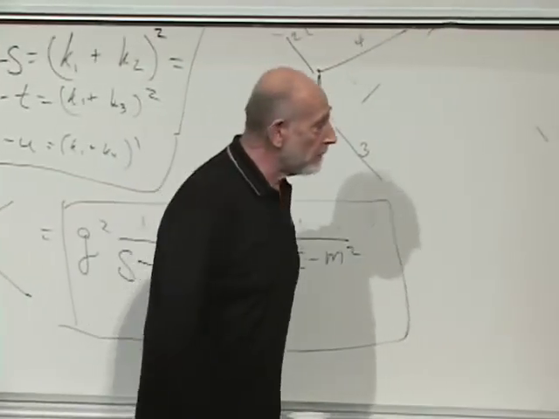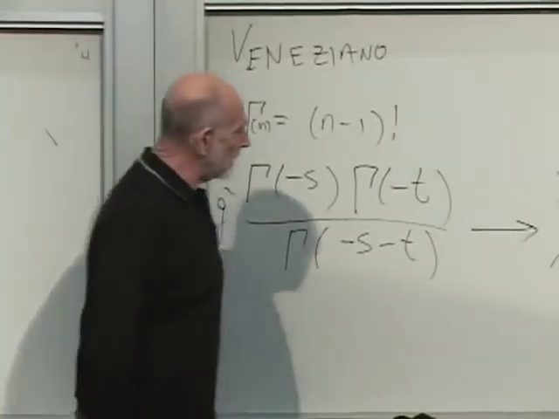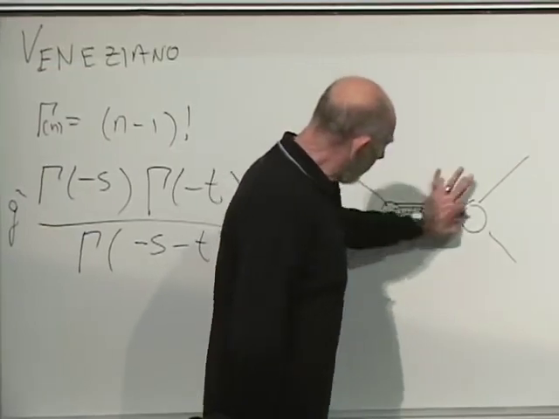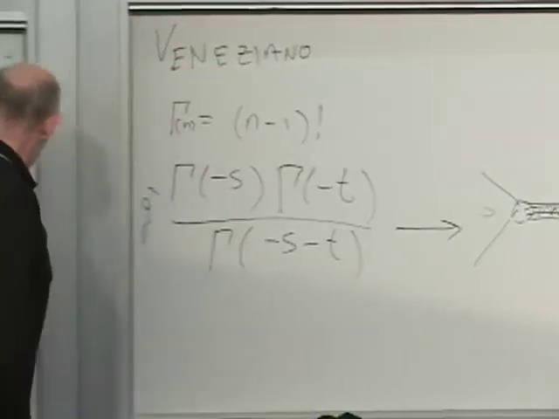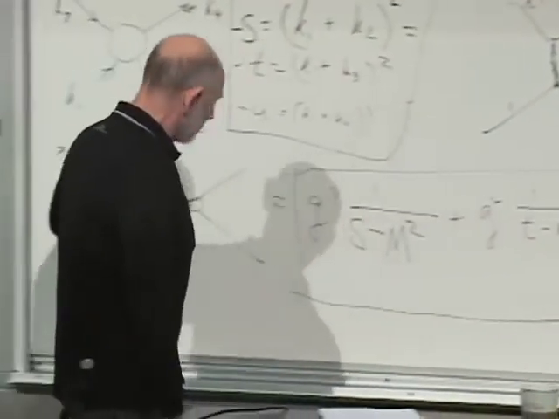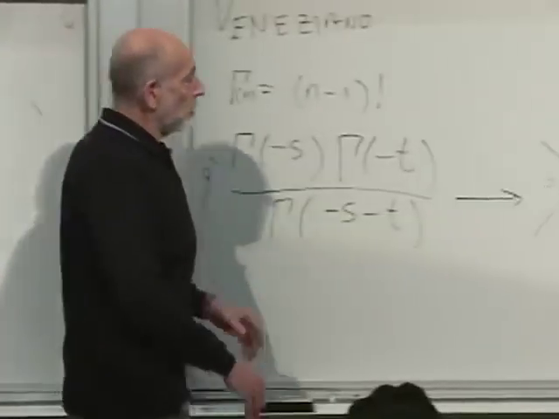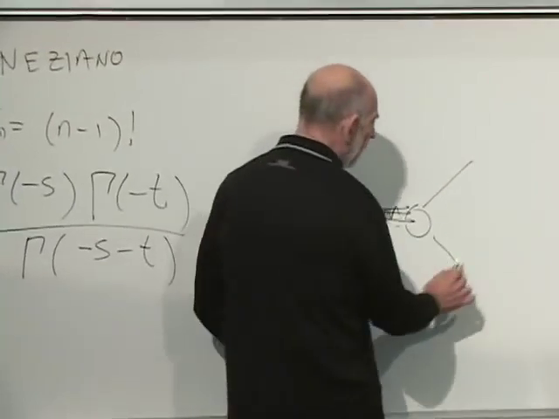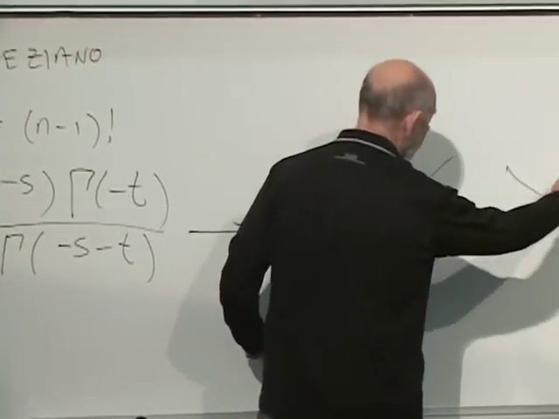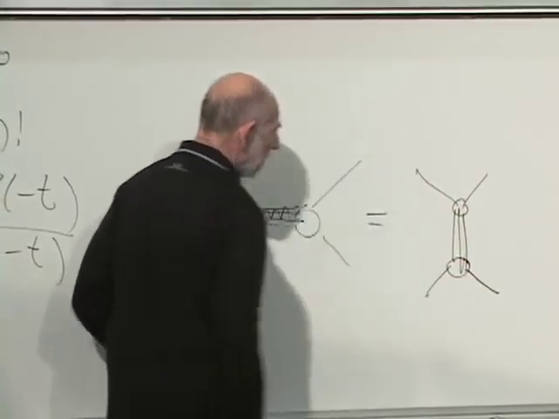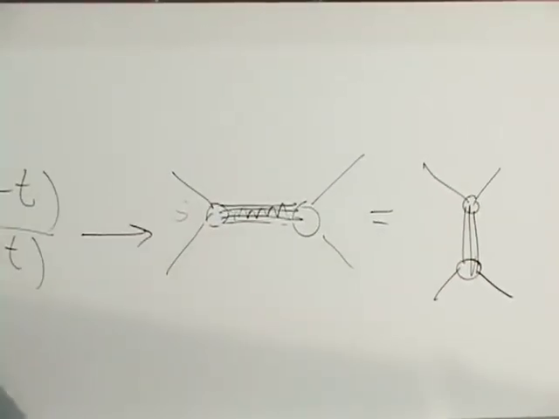The peculiar thing about it is you can represent it as a kind of sum of Feynman diagrams with all the particles in the S channel. Diagrams like this. But because it's symmetric under S and T, you can also represent it. You don't add. It is also equal to the same kind of thing going this way. Something odd was afoot about this formula.